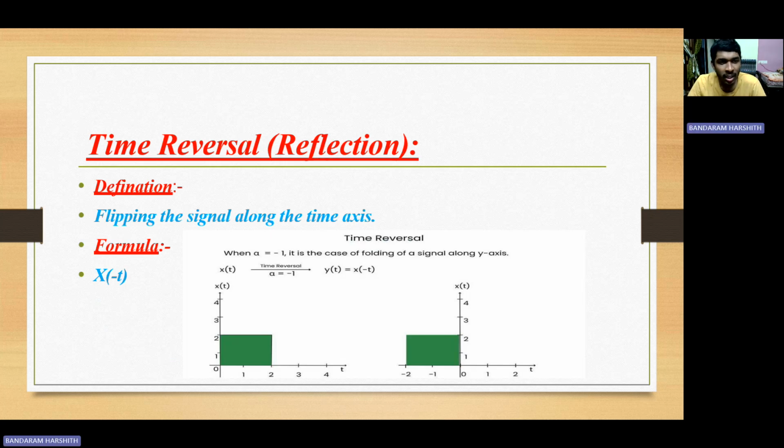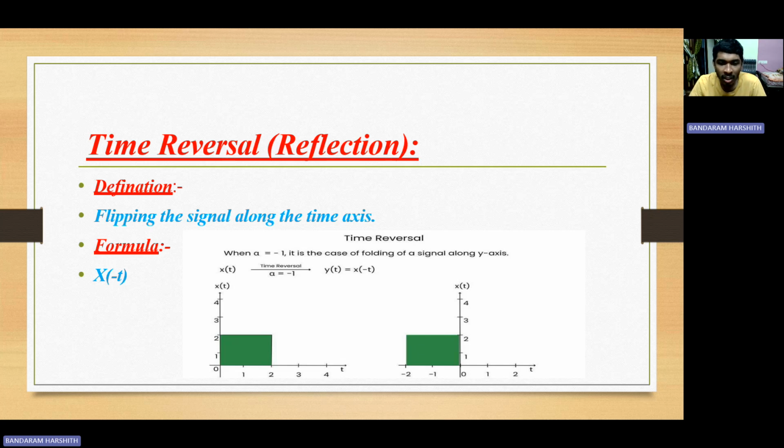Next operation is time reversal or reflection. So what is time reversal or reflection? Flipping the signal along the time axis. Now let's discuss this topic through the diagram. Time reversal, when a is equal to -1, is the case of folding the signal along the y-axis.